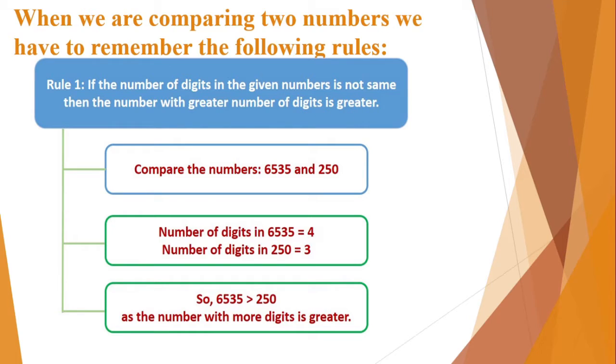So here they are saying when we take two numbers, we consider an example as 6535 and 250. And here we should check the digits. So what are digits?